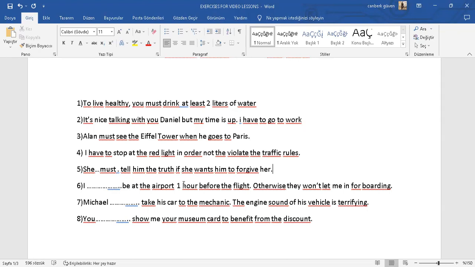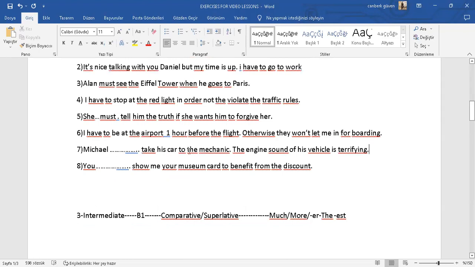So this is the standard procedure. These are the rules, so it should be have to. And moreover, if you are not at the airport one hour before, you will not fly. This is the consequence. It's a serious consequence.